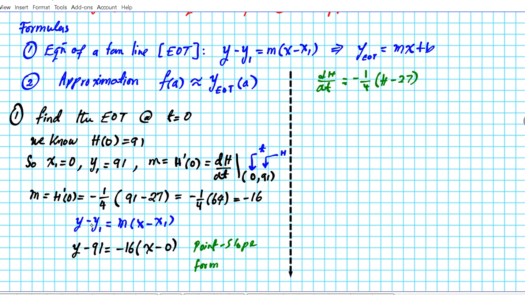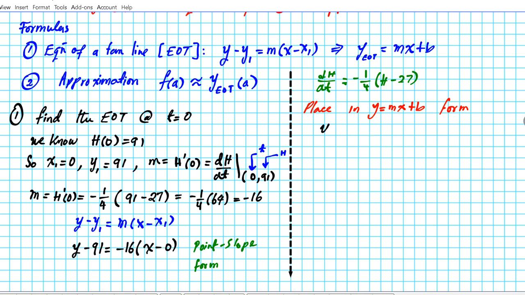In this format, it takes too much work to do that. So what we're going to do now is place it in y equals mx plus b form. In this particular problem, it's going to be mt plus b, because our independent variable is t.